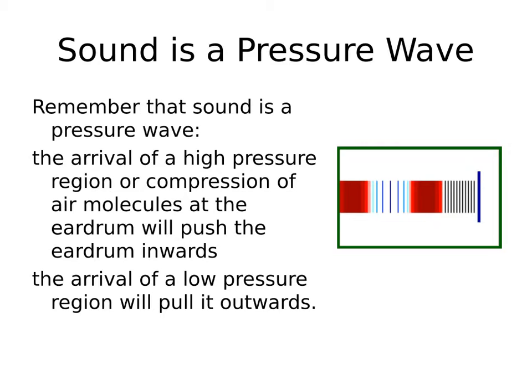The arrival of the low pressure regions will allow that eardrum to relax and it will move outwards again. If the frequency of the arrival of the compressions and the rarefactions is high, then we hear a high pitch sound. If the frequency of the arrival of those high pressure and low pressure regions is low, we hear a low pitch sound.